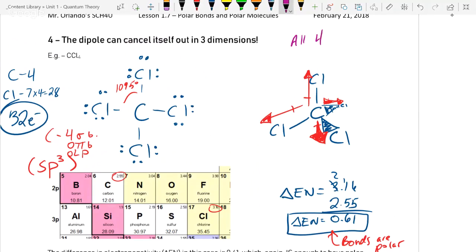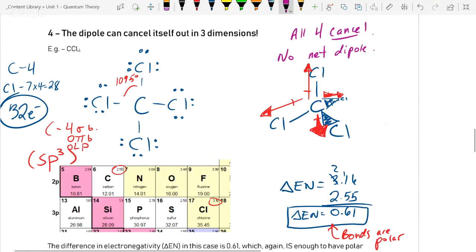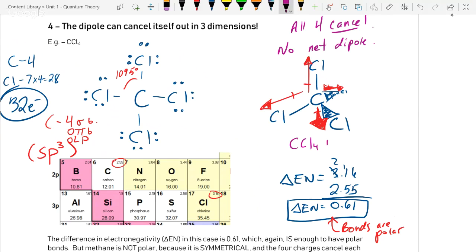So all 4 cancel. No net dipole. And so is this polar or non-polar? Very good. So CCl4 is non-polar, even though all the bonds inside of it are polar, which is a little bit weird, right?